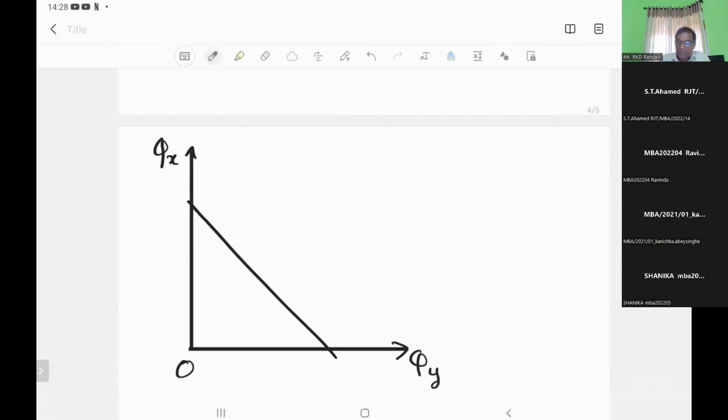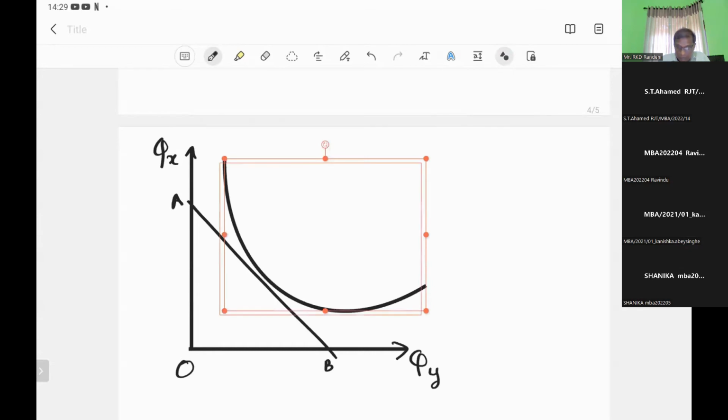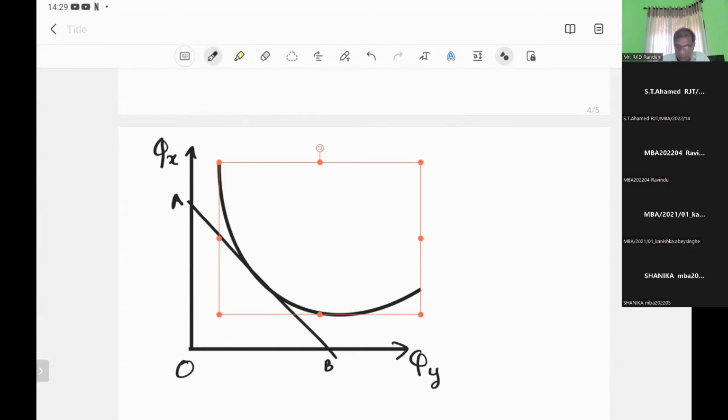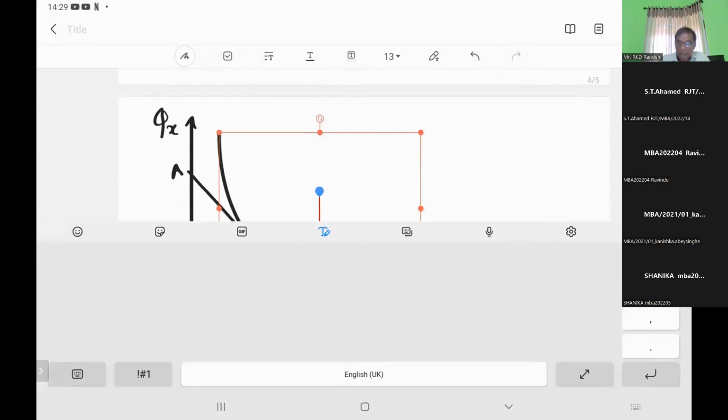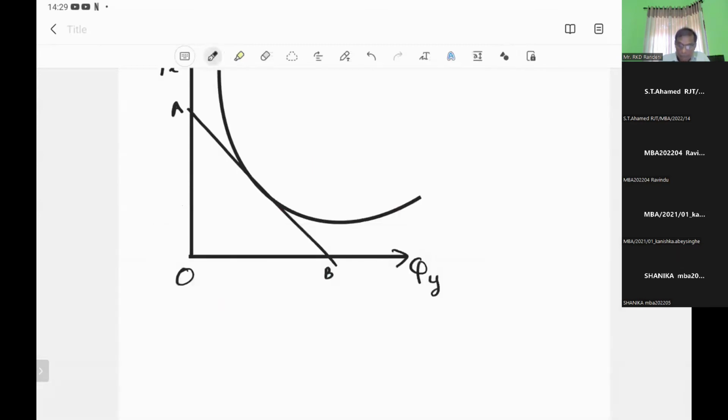We will put AB here, right? Right here, this is the equilibrium point.